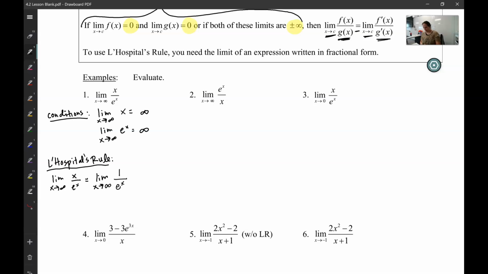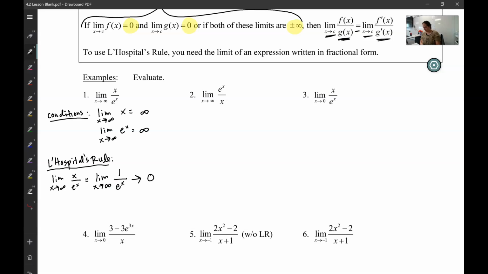And now, if I have the limit as x goes to infinity of 1 over e to the x, that's going to be 1 over infinity, which is actually going to, let's use some arrows, 0. Because our denominator is getting so big, it's going to 0.